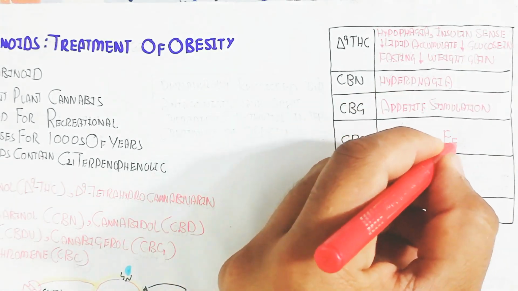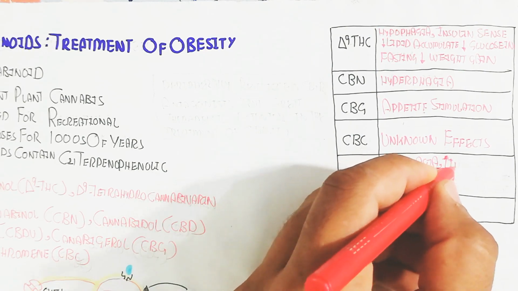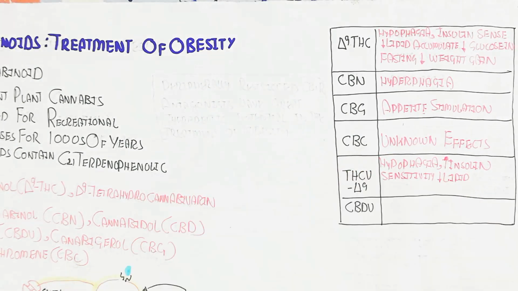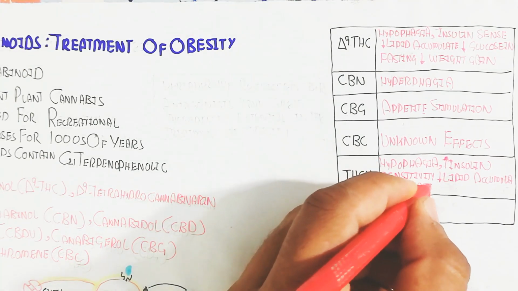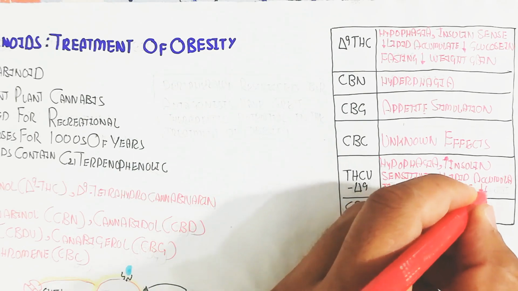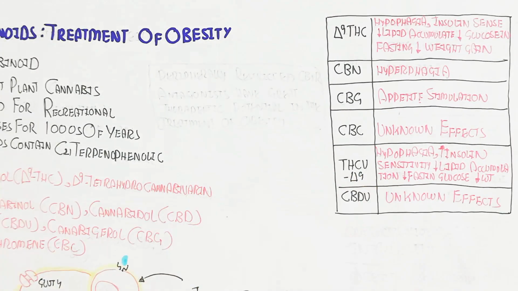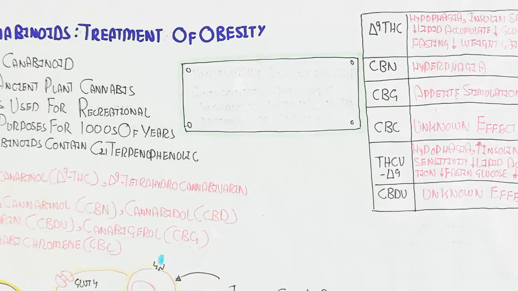CBN functions to cause hyperphagia, and CBG stimulates appetite, while CBC is unknown. THCV leads to hypophagia and increased insulin sensitivity, while lipid accumulation and fasting glucose will decrease, and weight loss will occur.